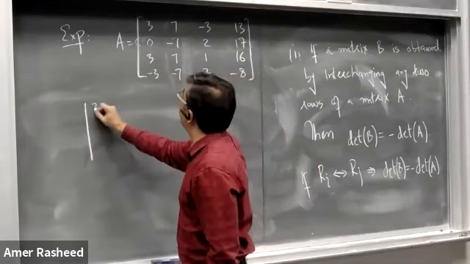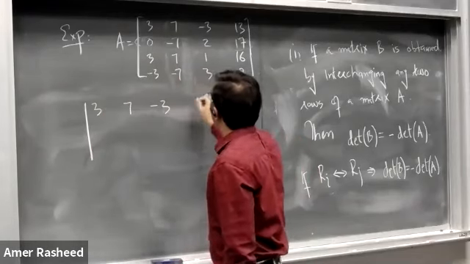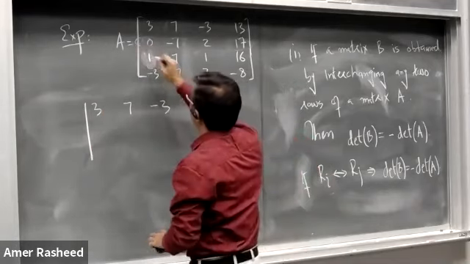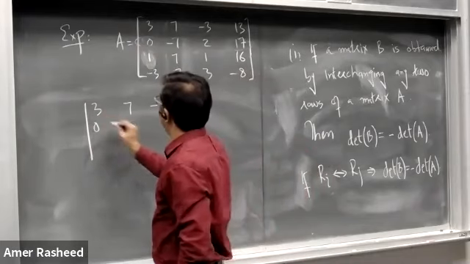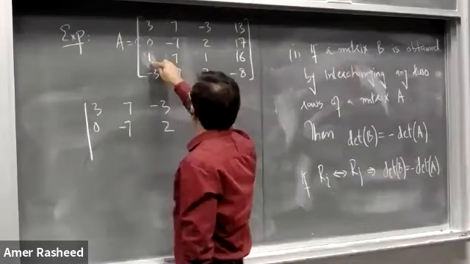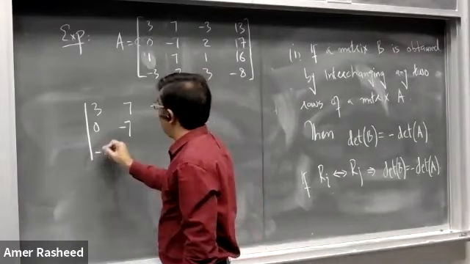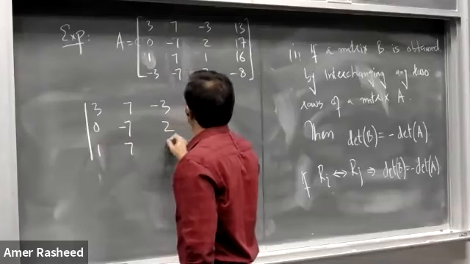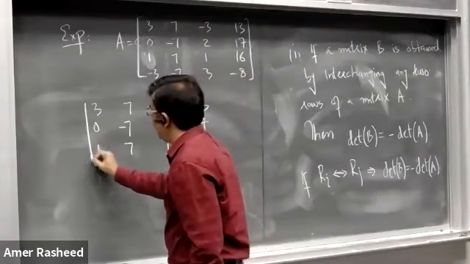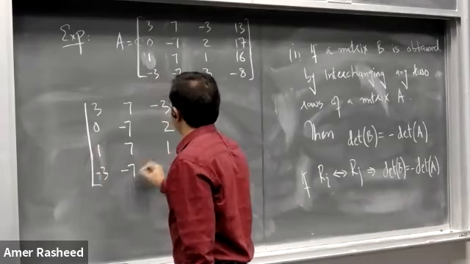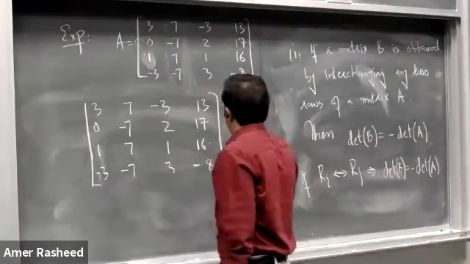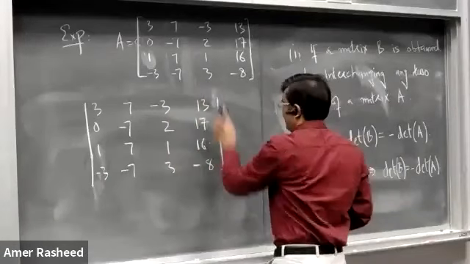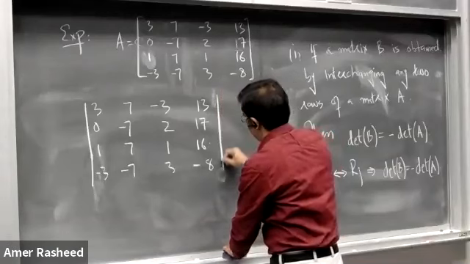You first write the determinant. अगर हमारे पास यहाँ पे 1 है, let me allow to put 1 here so that I may give you a reason. 1, 7, 1, 16, and -3, -7, 3, -8. Sorry, it's not a matrix, it's determinant. Now we are dealing with determinants, not the matrices.